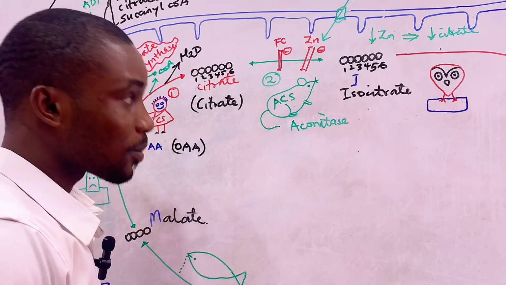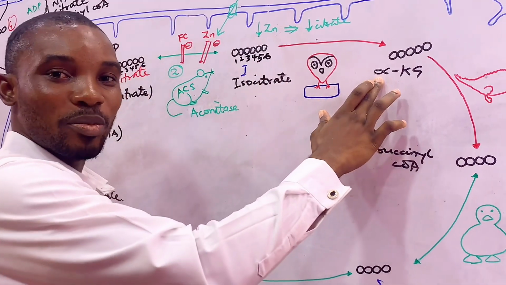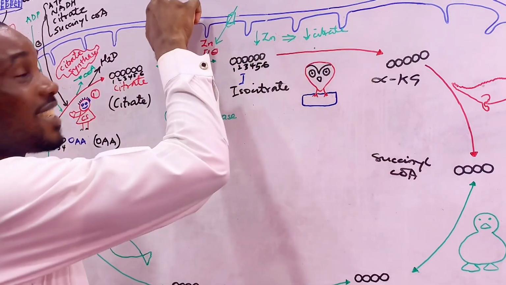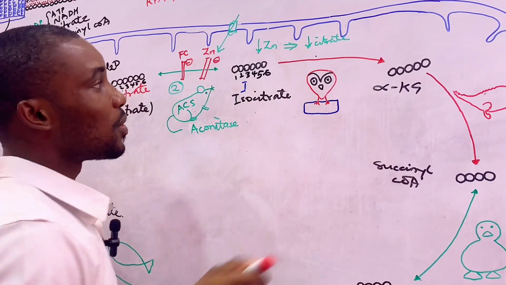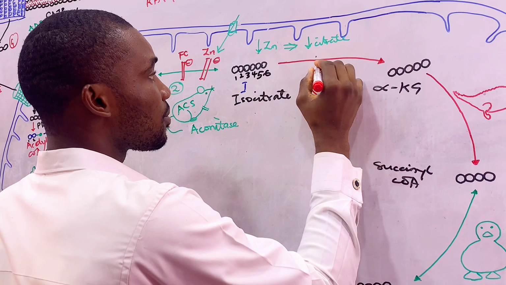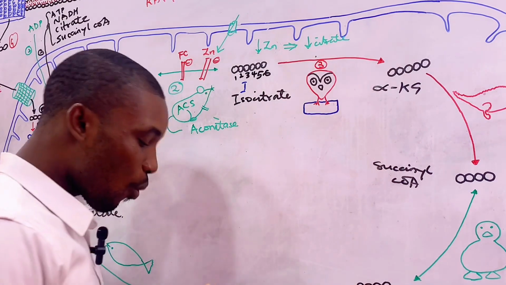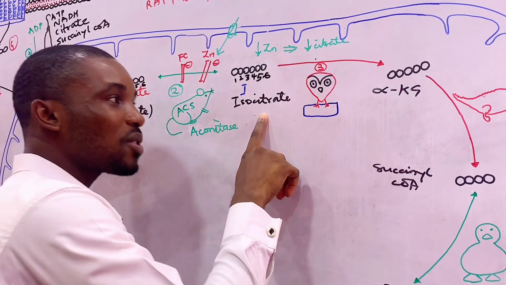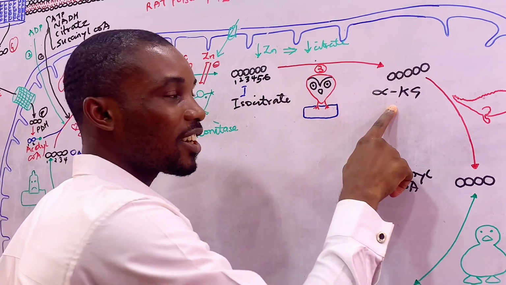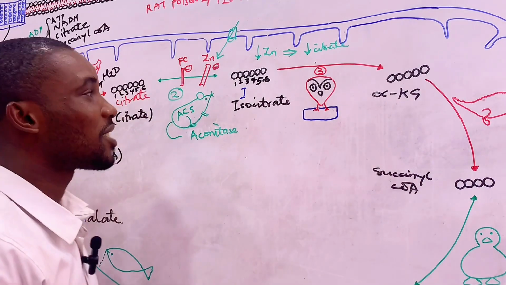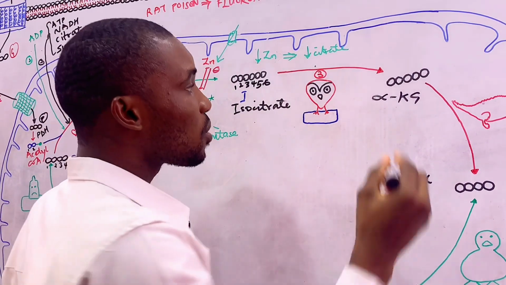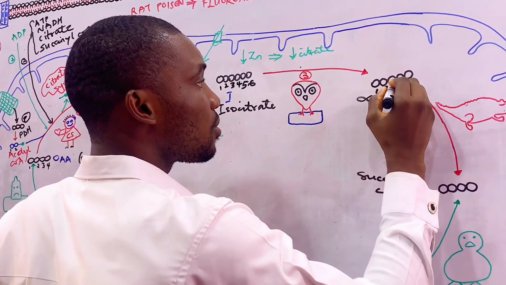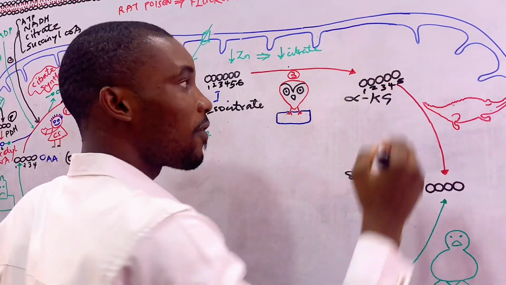So is reaction 3 irreversible or reversible? It's irreversible. I told you 1, 3, 4 are irreversible. So this is our reaction 3. What happens in reaction 3? Isocitrate is converted to alpha ketoglutarate. Oh, let's check the number of carbon atoms. Remember, isocitrate was 6, right? So alpha ketoglutarate is 1, 2, 3, 4, 5.